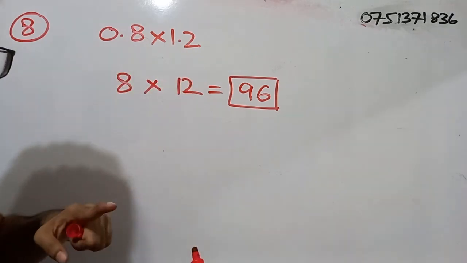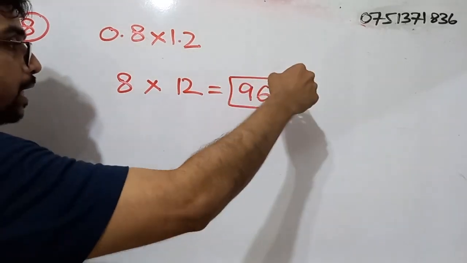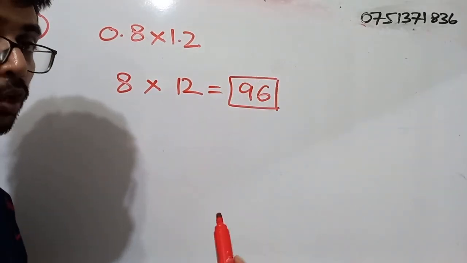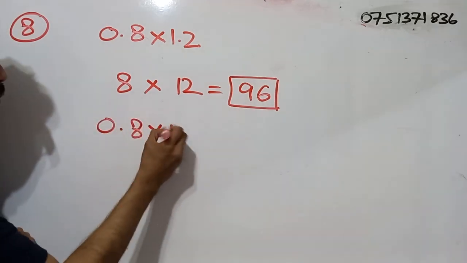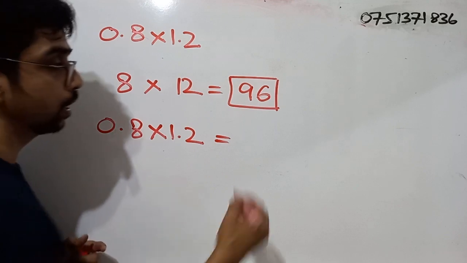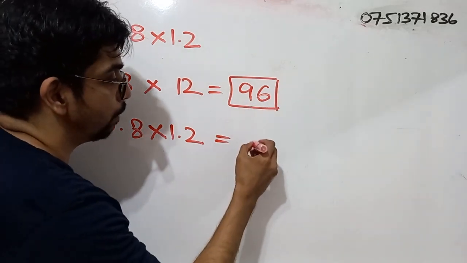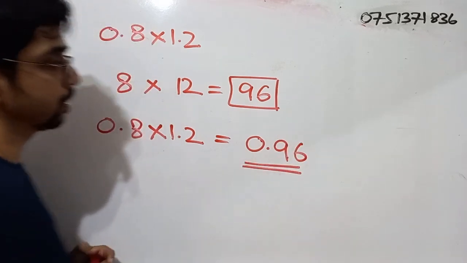So altogether, how many decimal places? 2 decimal places. So this answer, what do we have to do? In order to get the correct answer, that means 0.8 into 1.2, how many decimal places should be there in the answer? 2. So this answer should be what? 0.96. That is the answer.